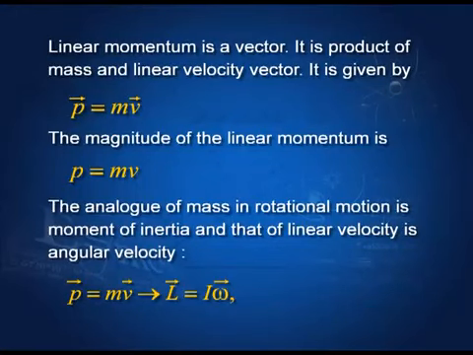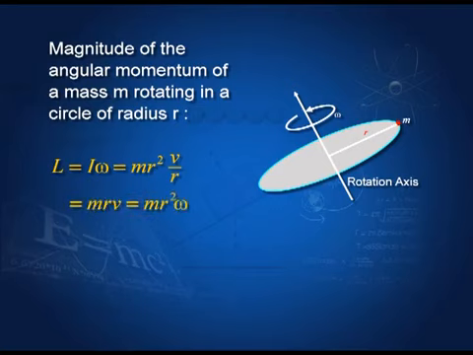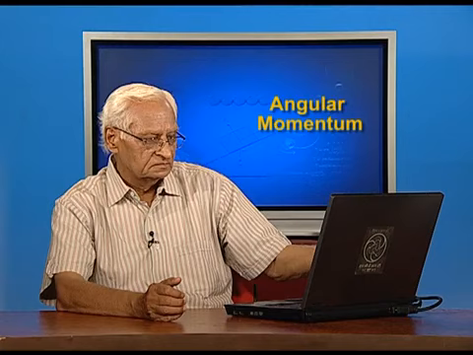The magnitude of the angular momentum of mass m rotating in a circle of radius r, as shown here, is L equal to I omega. I is m r squared, omega is v by r, therefore, it is equal to m r v or equal to m r squared omega, depending upon which formula you prefer.